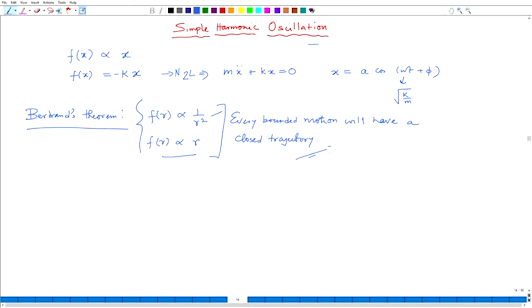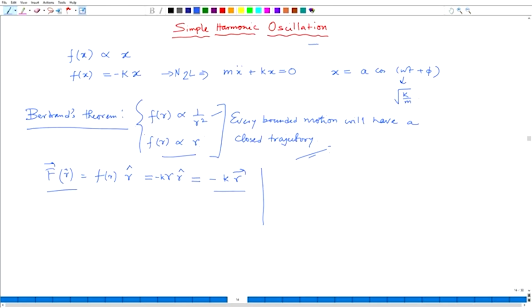Now, we know that this is simply a case where you can write this force law to be proportional to r, and actually you can write the whole force as f of r cap, and that will be some minus k r cap. Finally, that gives me minus k times r vector, and although this is a central force, for this specific structure I have something very interesting.